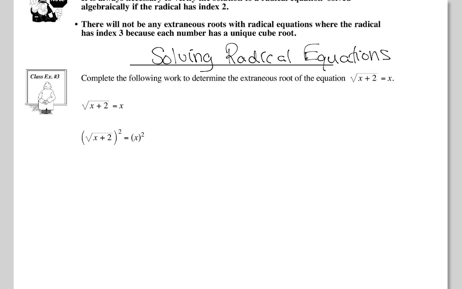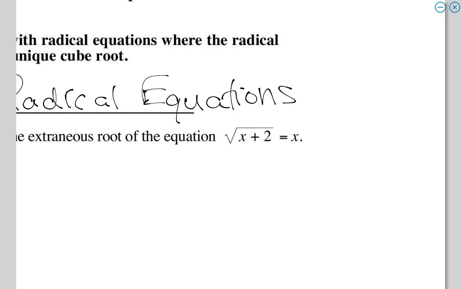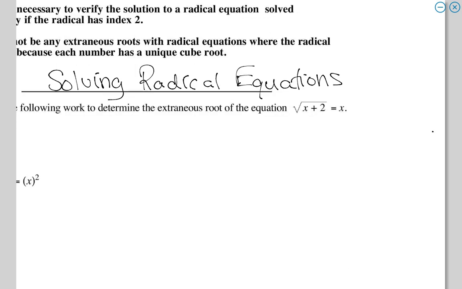Before we start, I'm just going to do a little warm-up activity for solving radical equations. Do you guys remember Pythagorean theorem? If you know the two legs of a right-angled triangle, how do you solve for C? Like if A was 3 and B was 4, how would you solve for C? You would have to square them, add them, and then what?